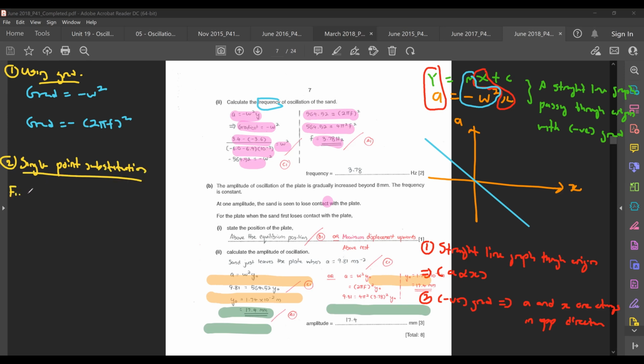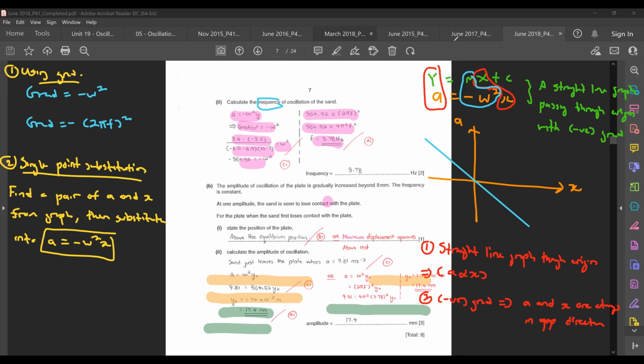You find a pair of a and x from the graph, then substitute into a equals negative omega squared x. This is another method that you can also use.